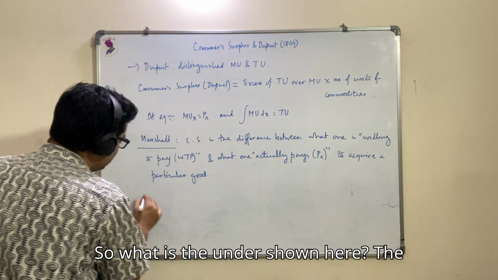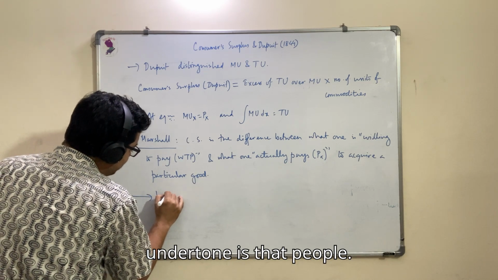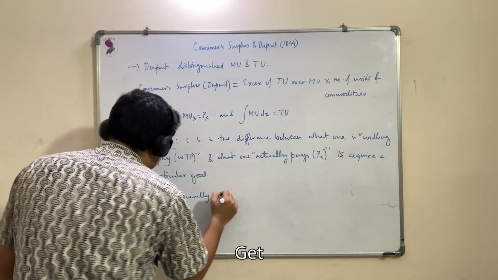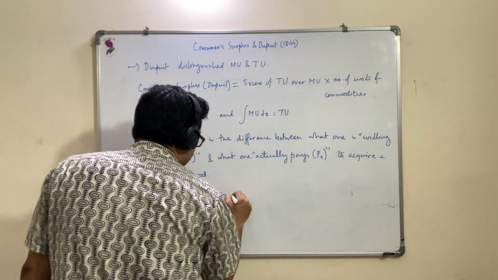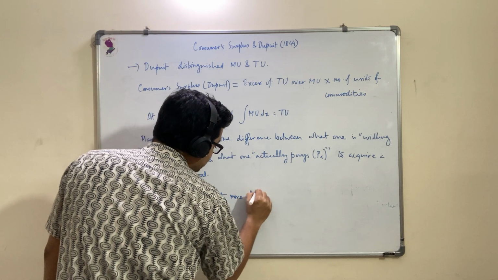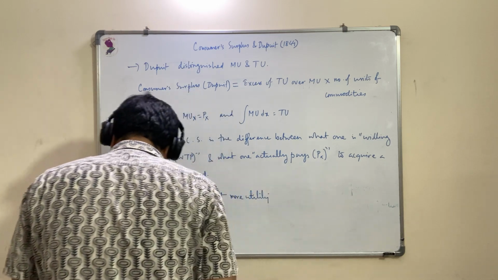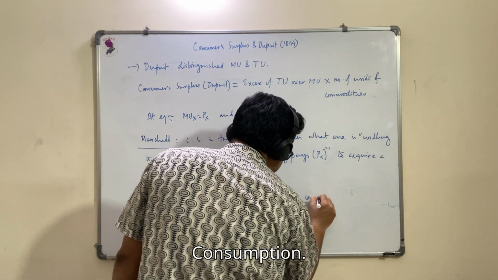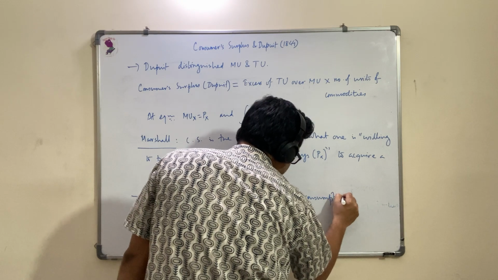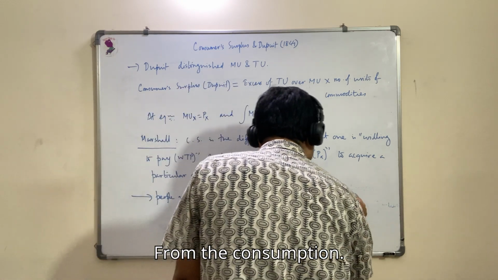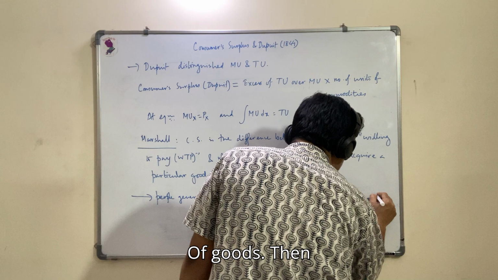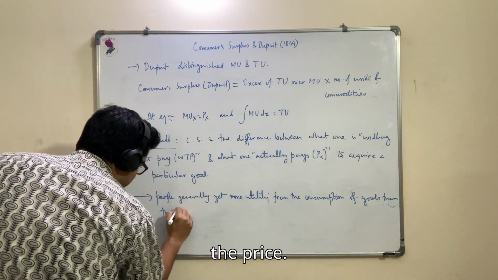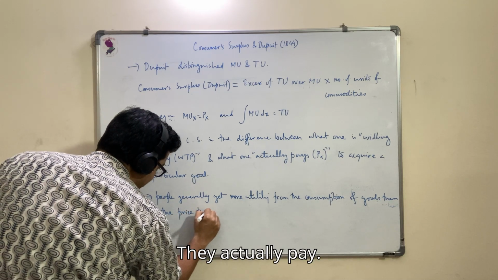Okay. So what is the undertone here? The undertone is that people generally get more utility from the consumption of goods than the price they actually pay.